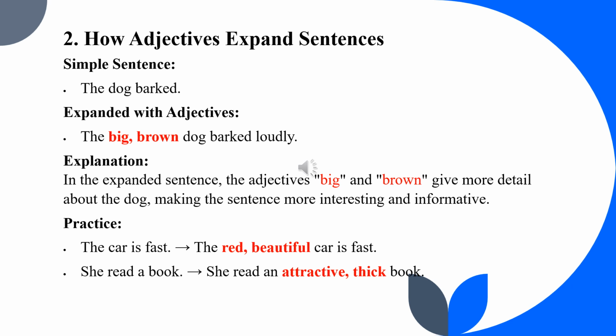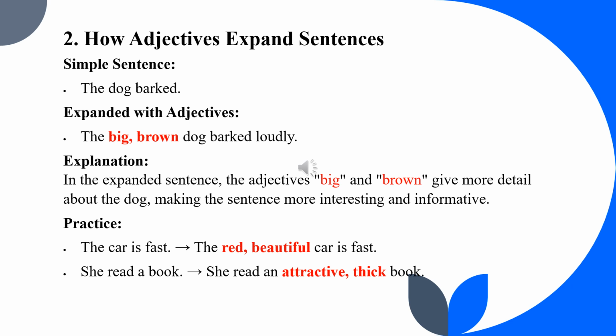Together, let's see how adjectives expand sentences. Look at this simple sentence. The dog barked. Now, we are going to expand it with adjectives. It becomes the big brown dog barked loudly.